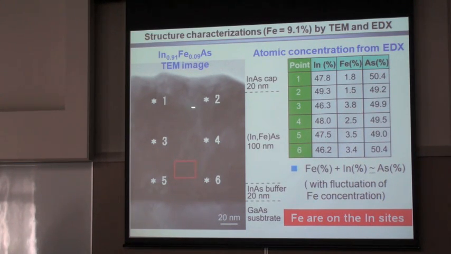And in all the different positions, iron concentration plus indium concentration is equal to the arsenic concentration. So although we have some fluctuations of iron concentration depending on the positions, this means iron is on the indium site. Iron replaces indium.